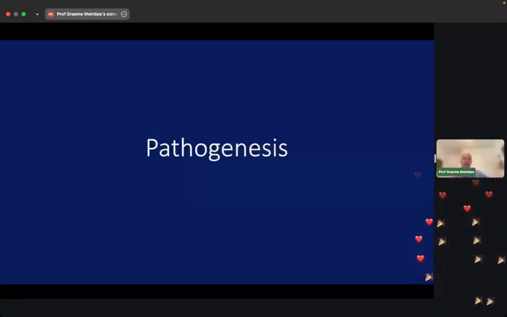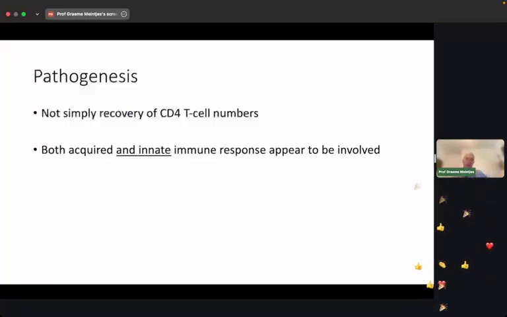I'm going to go through this quite briefly, just to pick up on the underlying immune mechanisms driving TB-IRIS. Firstly, this is not simply a matter of recovery of CD4 T cell numbers, because sometimes we see patients with typical TB-IRIS and we check their CD4 count and it hasn't yet risen in the blood.